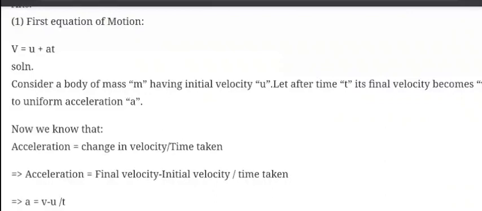We start with the formula which we studied just now, a = (v − u)/t. Cross multiply this, and you get at = v − u. Now arrange the terms: minus u goes to the other side, and you get u + at. So I got v = u + at. This is the very first kinematical equation, which was given by Newton.